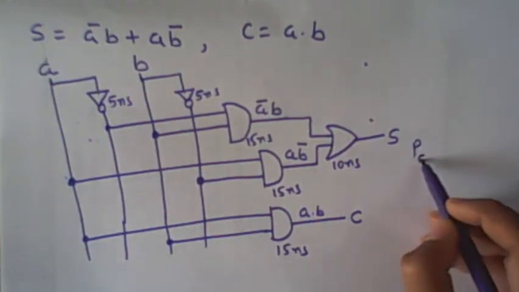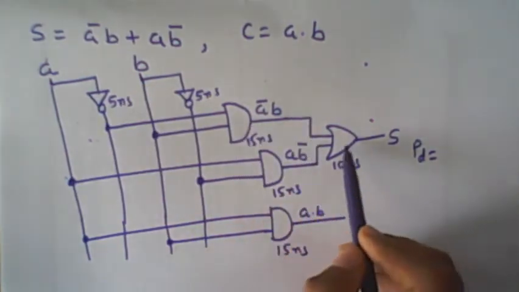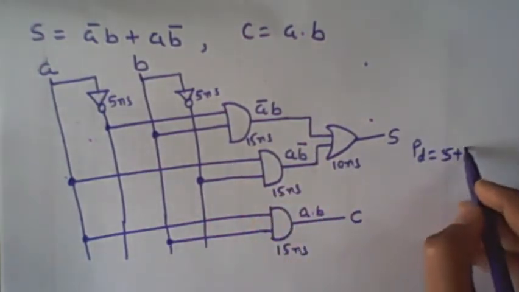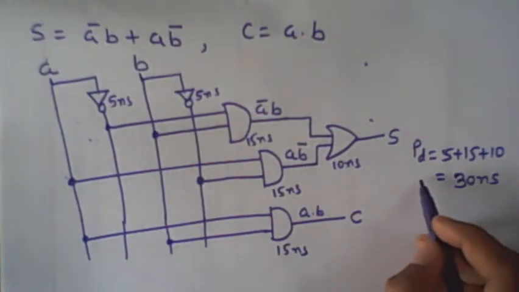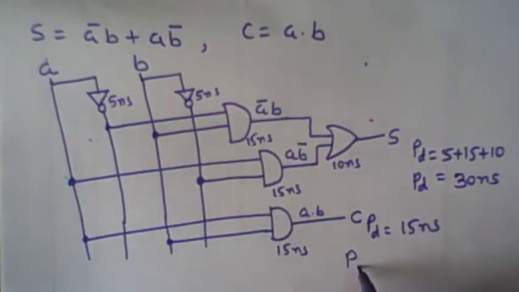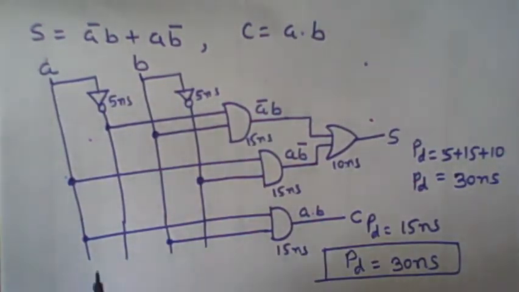It is 5 nanoseconds of NOT, then 15 of AND, then 10 for the OR gate, so 5 plus 15 plus 10, a total of 30 nanoseconds for the sum bit, and for the carry it is only 15 nanoseconds. So the circuit propagation delay is the maximum of these two, which is 30 nanoseconds.